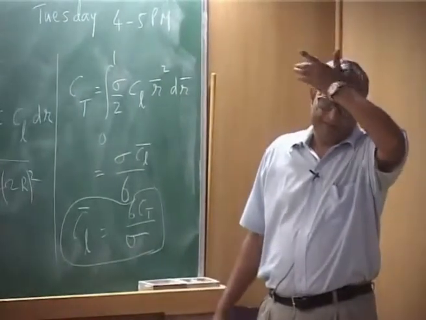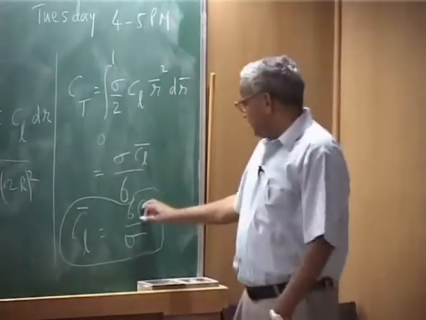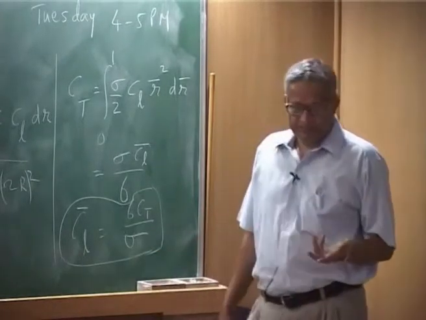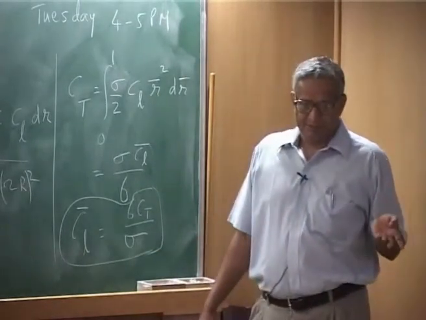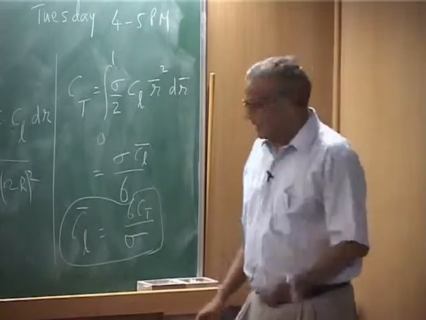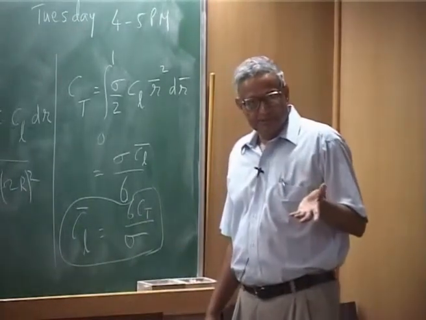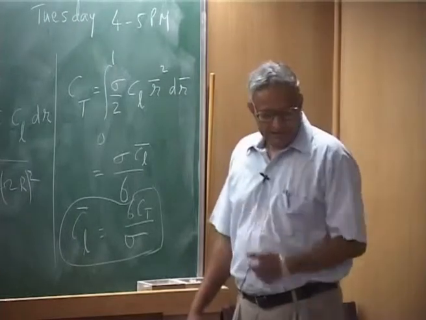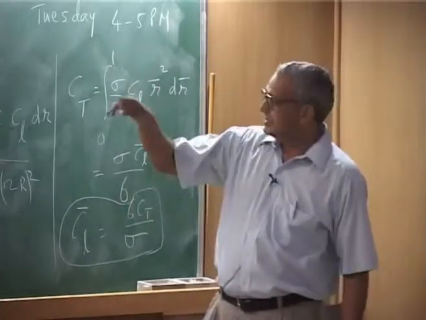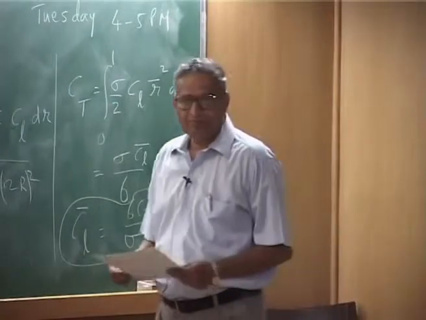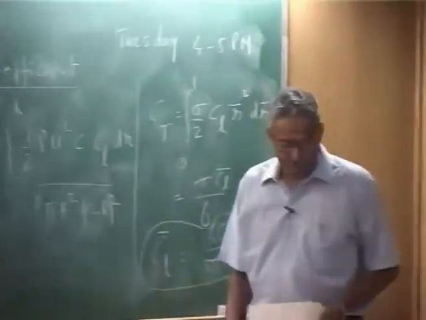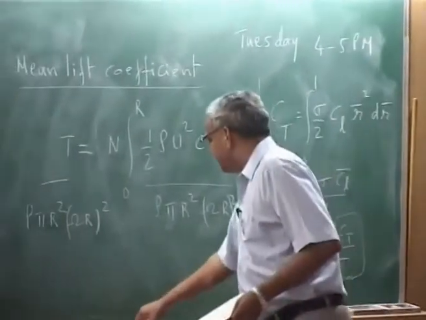And you know that CT over sigma, that is the blade loading. And this is given by 6 times that mean lift coefficient. Now, why this is defined is, we will go back and define our figure of merit, maybe I erase this portion because I use only this section.